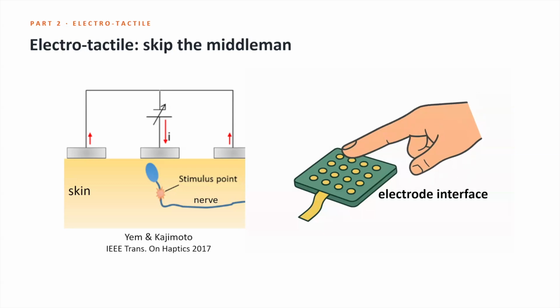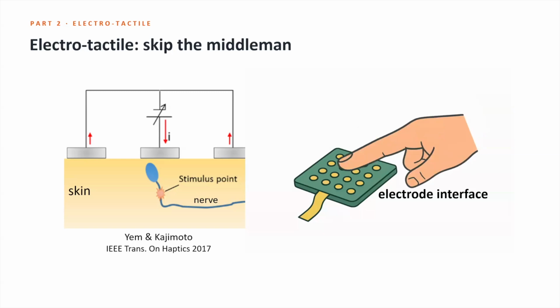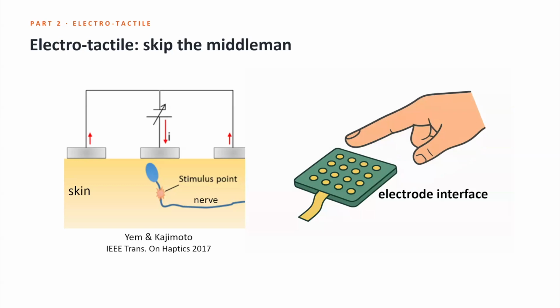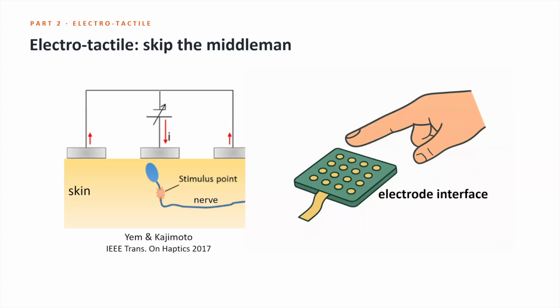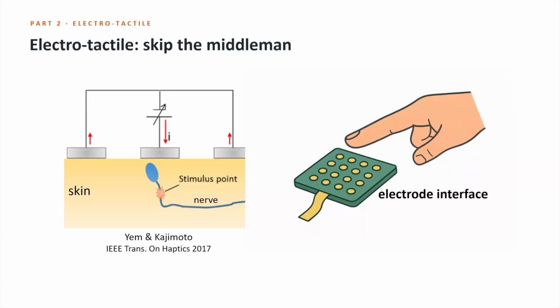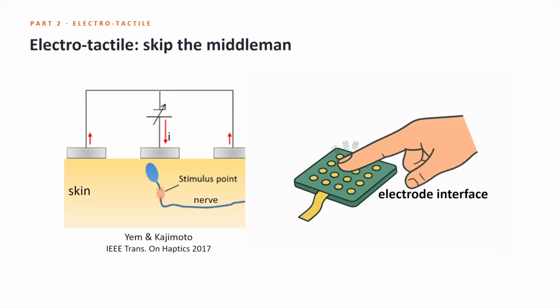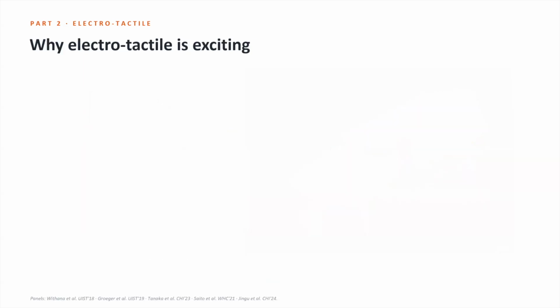There won't be any mechanical motor like we saw in vibro-tactile that creates vibration, but a set of electrical pulses carefully controlled in terms of time and frequency. These electrode interfaces directly stimulate the nerves, and the electrical signals traverse our nervous system to the brain, and the brain gets tricked into representing them as some sort of tactile sensation. For example, most commonly it can be tingling, and at times there are some interesting sensations as well, which I will come to later.